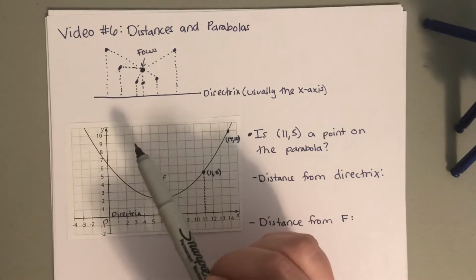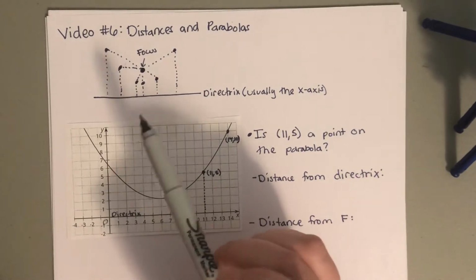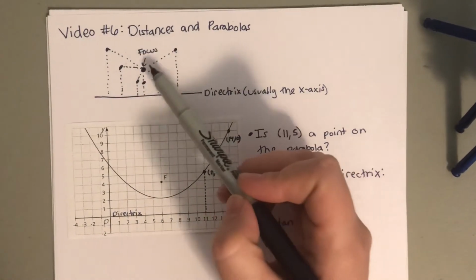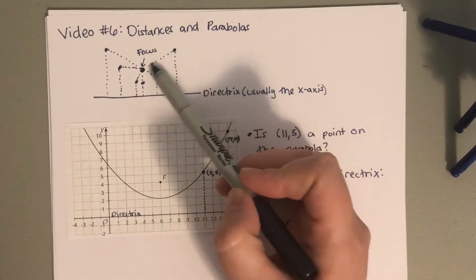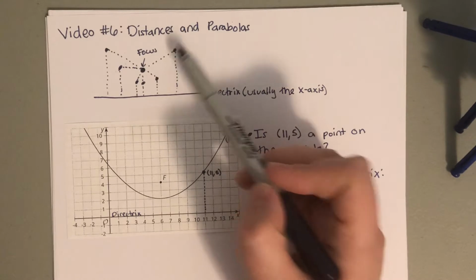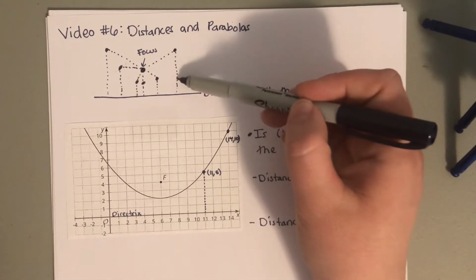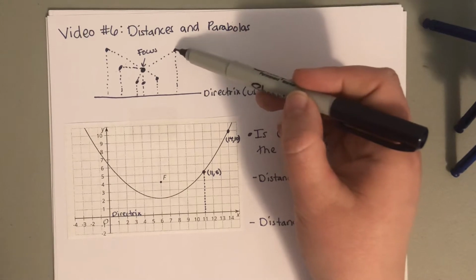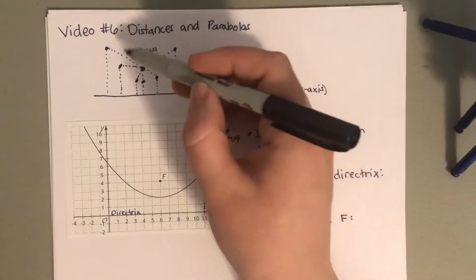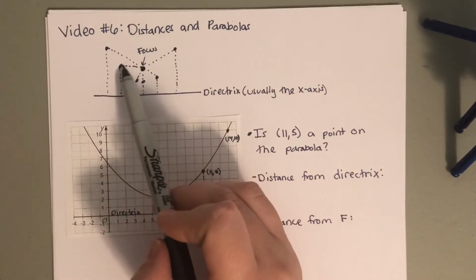Now, I realize that my diagram isn't perfect, but just imagine that, for example, this one up here, this distance here to the focus is the same as this distance here to the directrix. And if that is the case, that means this point is on the parabola. Same with this one.